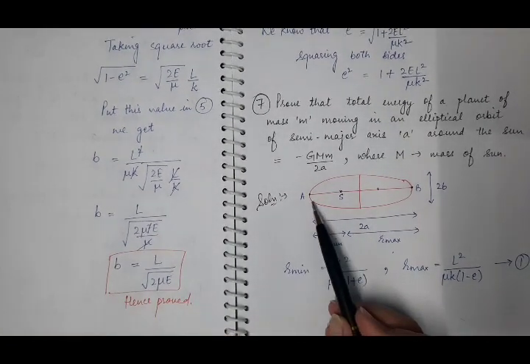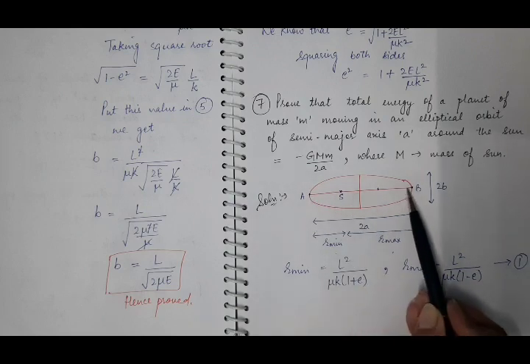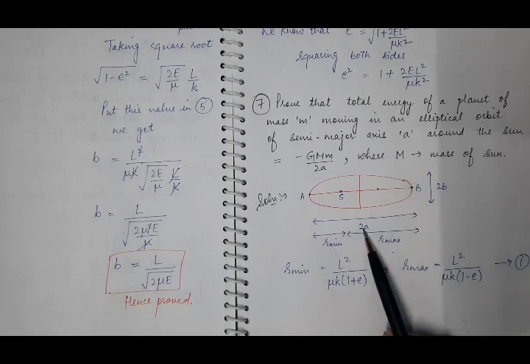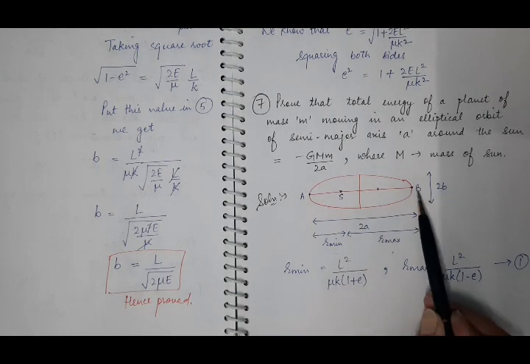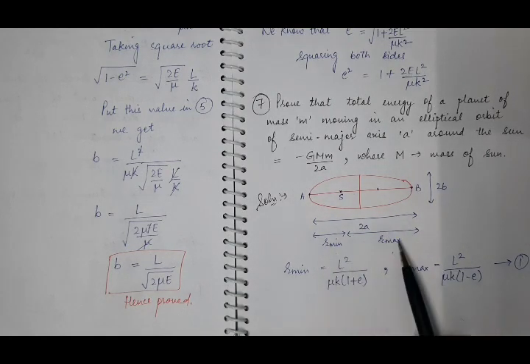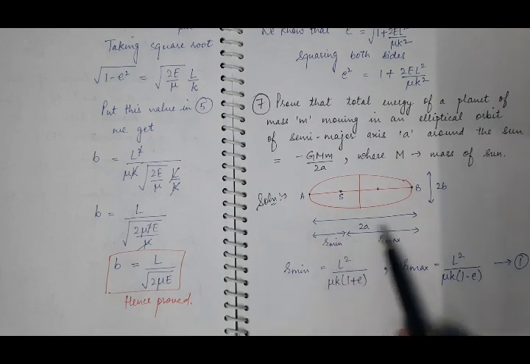So from this figure, it is clear that this distance AB is the major axis and it is equal to 2a. But AB is also equal to AS plus SB, meaning R minimum plus R maximum is equal to 2a.